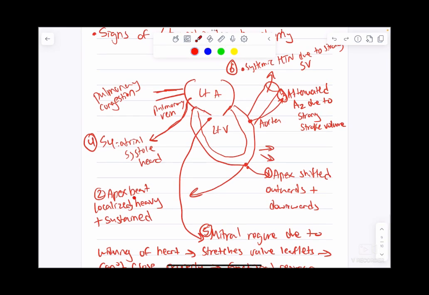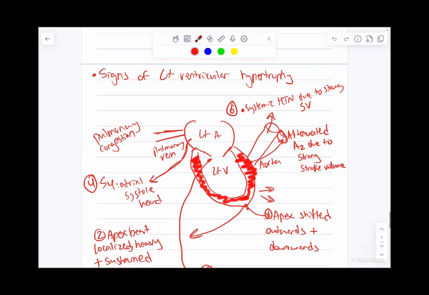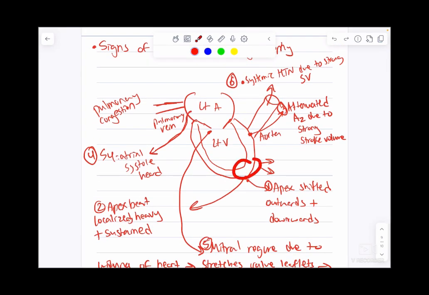Two, the apex beat is localized, heavy, and sustained. The apex of the heart is this. It beats hard because of hypertrophy. It has a more powerful contraction.